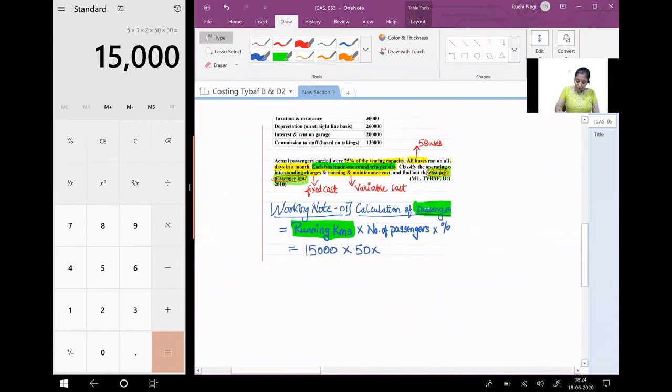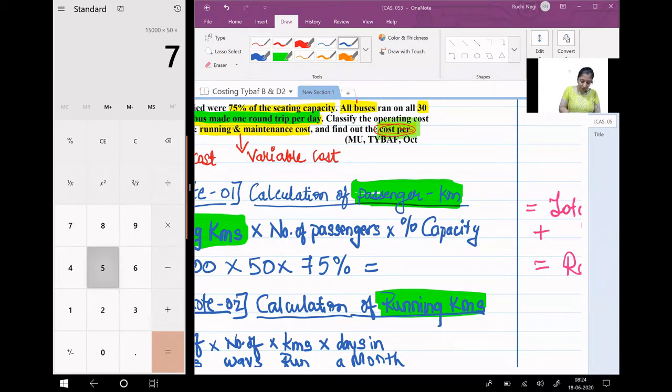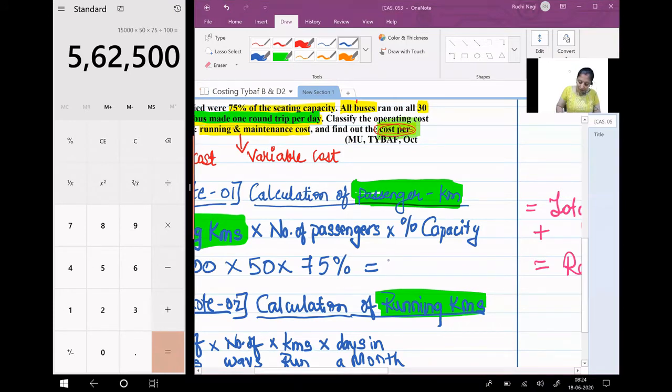Write it in the formula, substitute 75%. Calculate 15,000 into 50 into 75 divided by 100. So my answer is 5,62,500 passenger kilometers. I'm writing it here: 5,62,500 passenger kilometers.